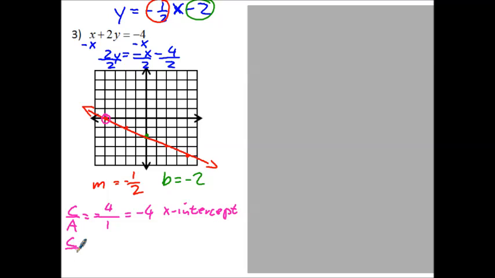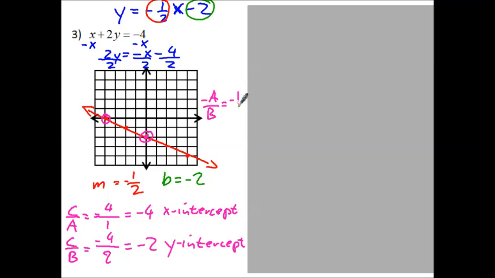We got c over b, which is going to be our y-intercept. And again, -4 this time over +2, which will give you -2. And this is this point. And our slope in standard form we will find by using the formula -a over b.